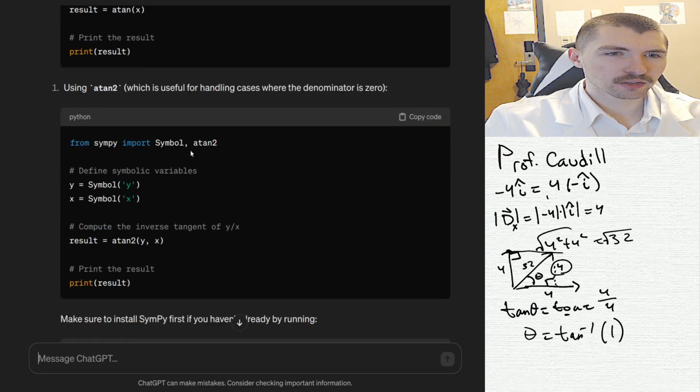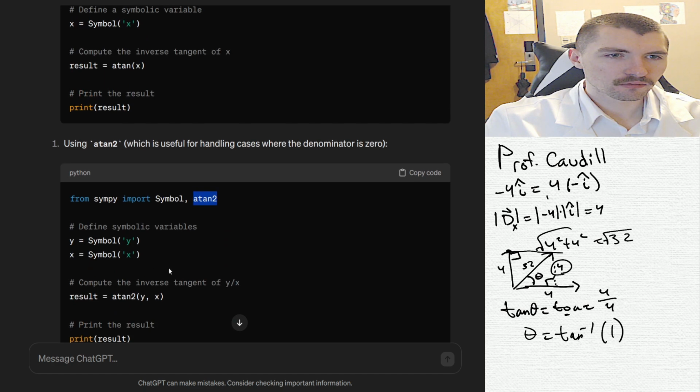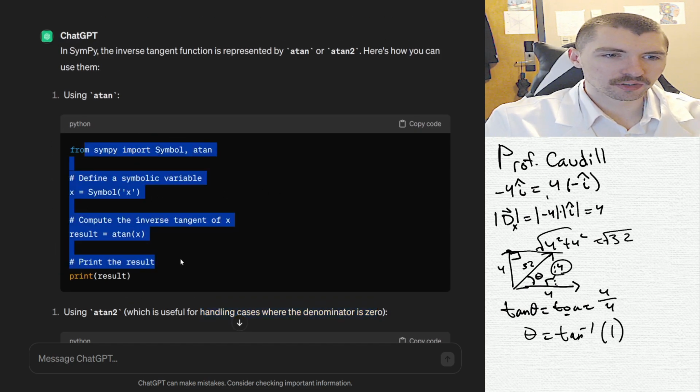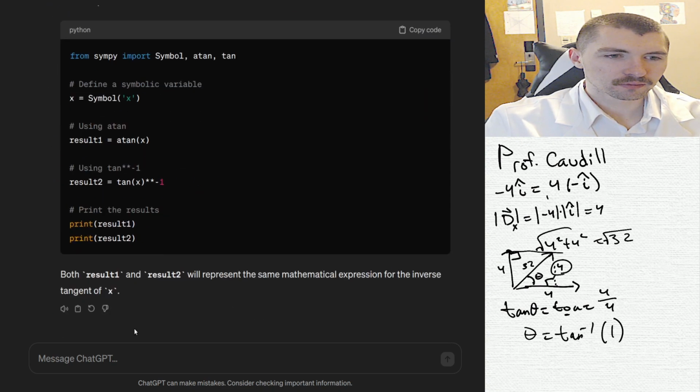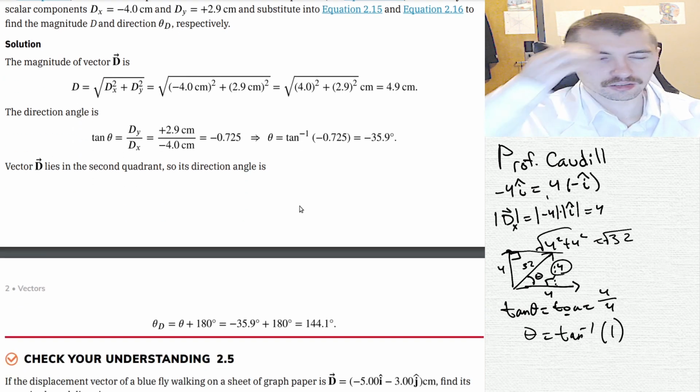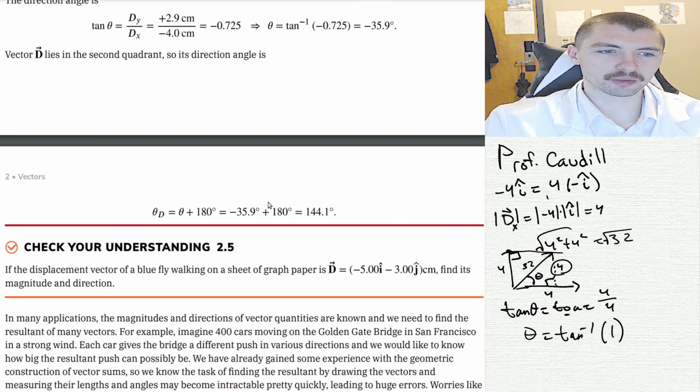I didn't know there's an ATN2. If you have the denominator 0, this should be good for most things. One thing I'm wondering about is if there's a shorthand, a way to estimate the inverse tan. That might be interesting.